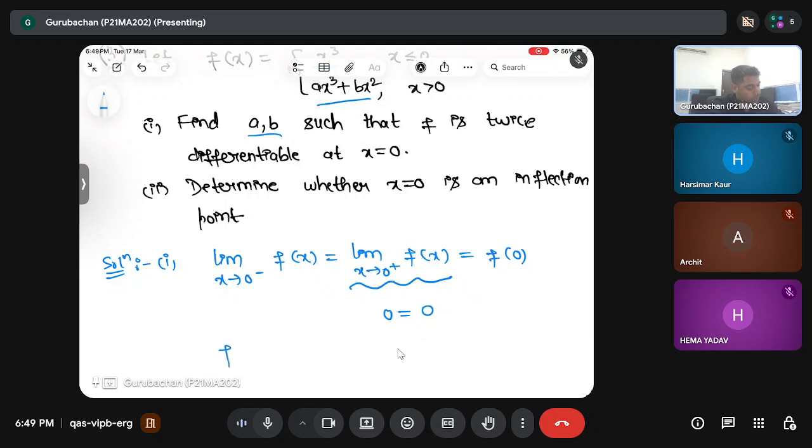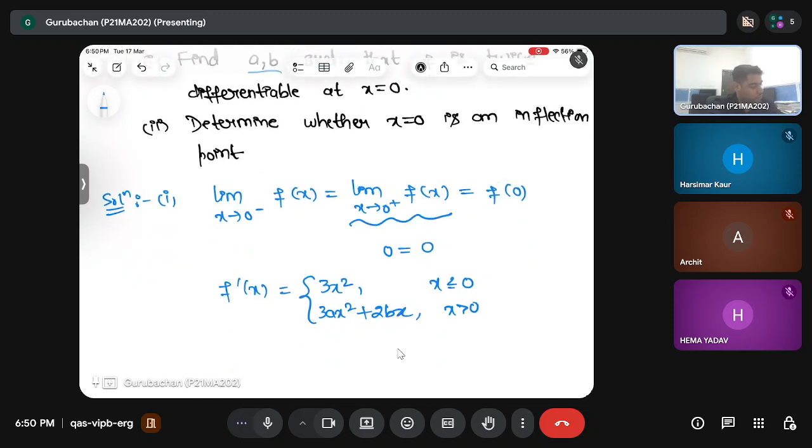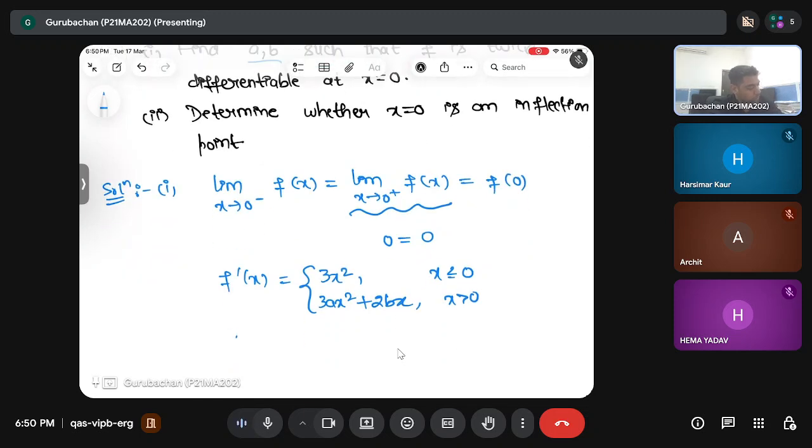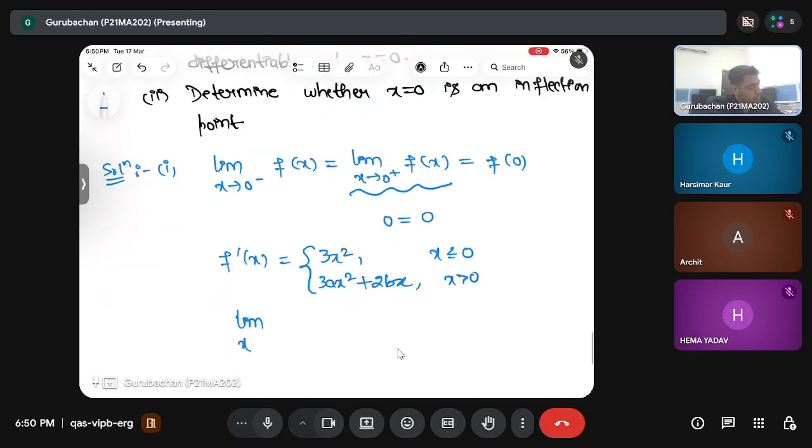Next, what about the derivative? So f dash x is 3x square, and 3ax square plus 2bx. Again, we need to maintain the continuity here also, since we want to do the double differentiation. So from here you will get the limit as x tends to 0 minus of f dash x, and the limit as x tends to 0 plus of f dash x, equal to f dash 0.